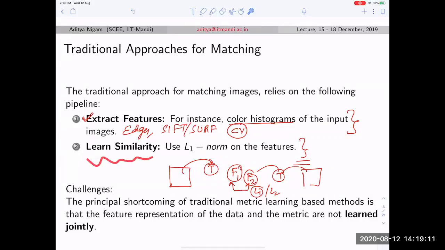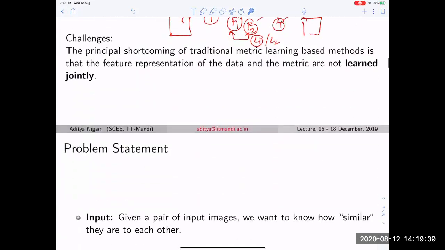You can also learn similarity: given two sets of features, you want to find the L1 or L2 distance between them, and you want to find these features in such a way that if they come from the same class or same type of images, this value should be as low as possible, and if they are different, the value should be as high as possible.